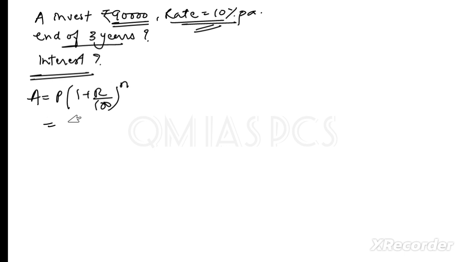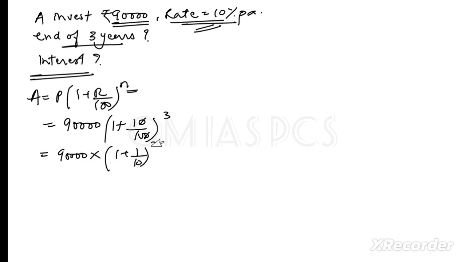Principal is 90,000, R is 10 by 100, and N is 3. Here the 0 can be cancelled out and we get 1 by 10, so it will be 90,000 multiplied by (1 plus 1 by 10) to the power 3. It will be 11 by 10, that is 10 plus 1 over 10. Is it clear?